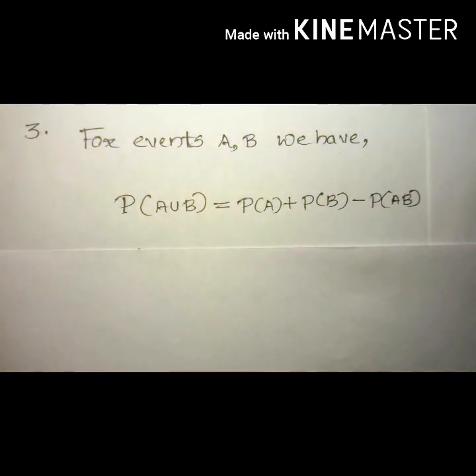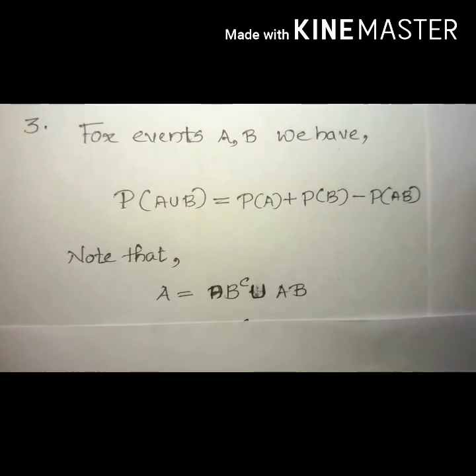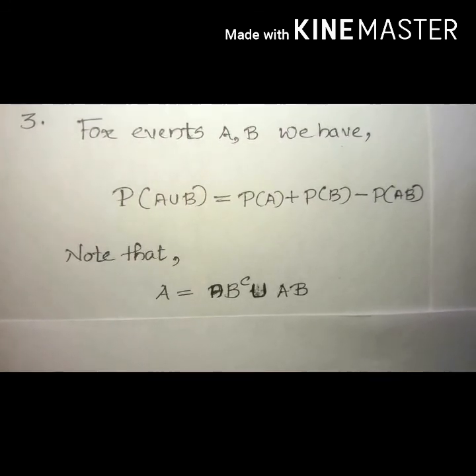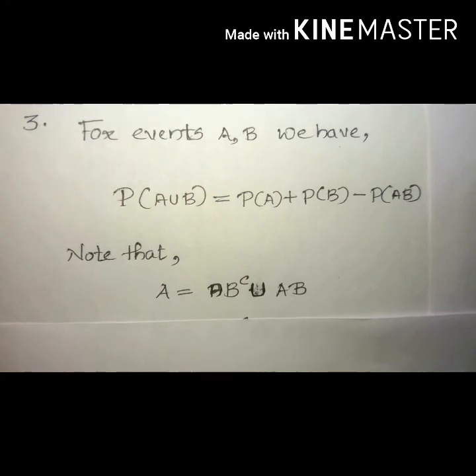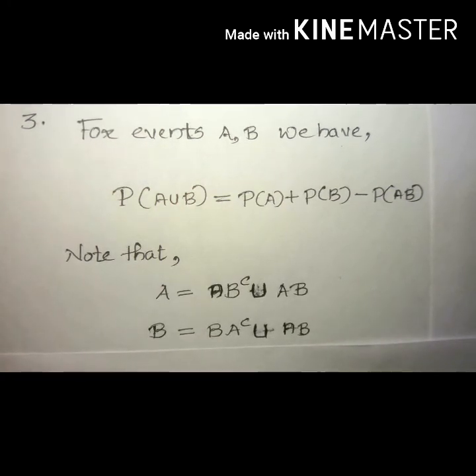Now, the third one is, for events A, B, we have P(A union B) equals P(A) plus P(B) minus P(A intersection B). A intersection B, we can simply write as AB. Now, for events A and B, note that A equals A intersection B complement union A intersection B, and B equals B intersection A complement union A intersection B. This you can verify using a Venn diagram.